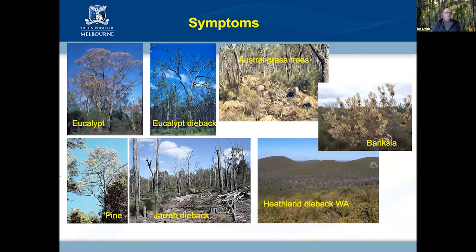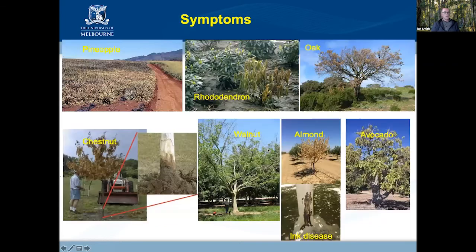So this is the sort of symptoms they got in the various fields. It's the eucalypts, again, the Banksias, the jarrah, even pine trees can get affected by it as well. In horticultural crops, pineapples, rhododendrons, oaks, chestnuts, walnuts, almonds, avocados, they're all potentially affected by Phytophthora cinnamomi.